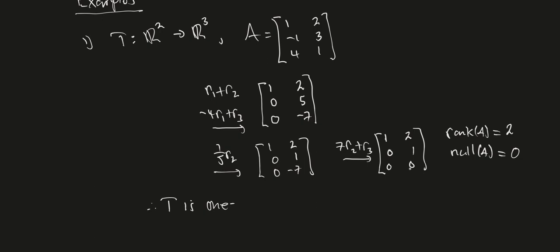I'd have a row of zeros at the bottom, and then this would be telling me that my second variable is 0, and if my second variable is 0, then my first variable has to be 0. So T is one-to-one.